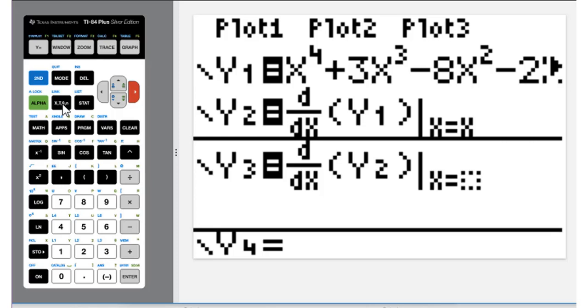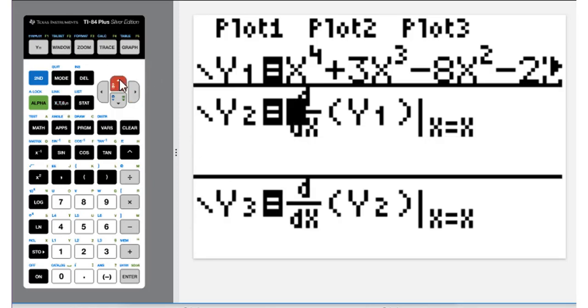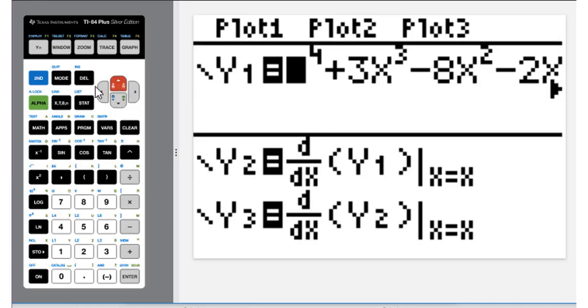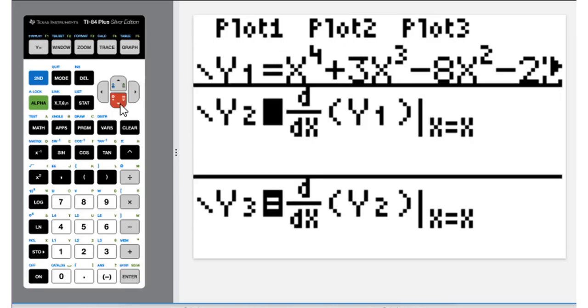Here's x. But I don't want to show the graph of this y1. I only want to show the graph of y3 because I'm looking for inflection. So I will clear this equal sign. Enter.